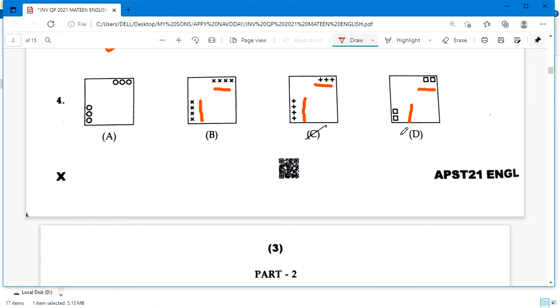So in the 3 figures 1, 2, 3, the shapes inside the squares are the same, but the number of plus symbols in option C is not the same. So option C is the right answer.